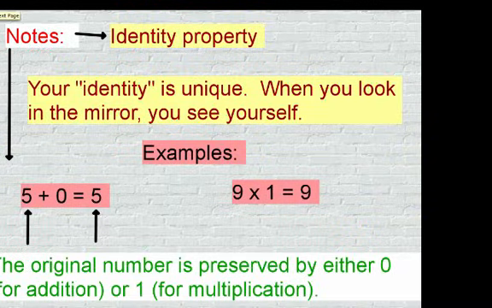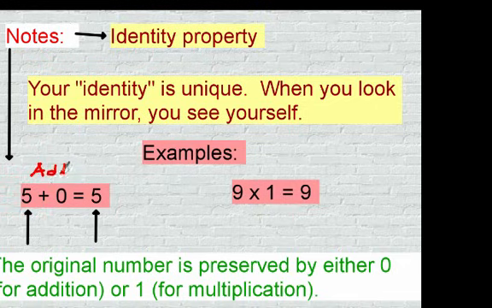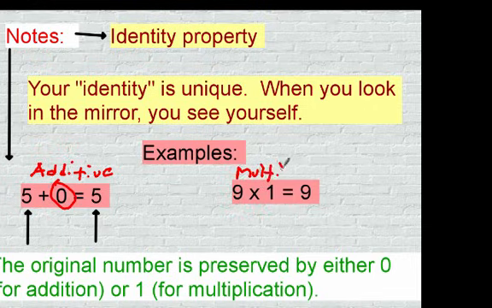If you think about your own identity, your identity is unique. When you look in the mirror, it's what you see yourself. So when we think about identity in operations, it's something that we can combine with a number that will not change it. So there are two different identities. There's the additive identity, which is 0, and the multiplicative identity, which is 1.